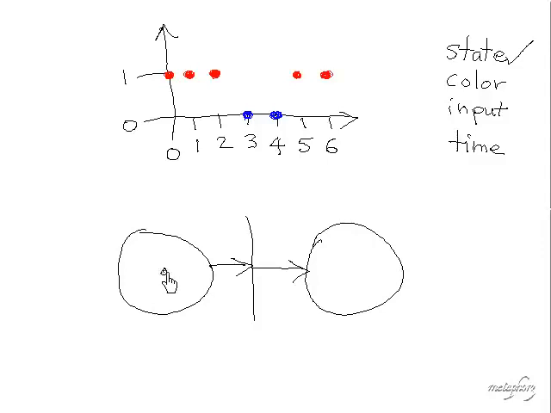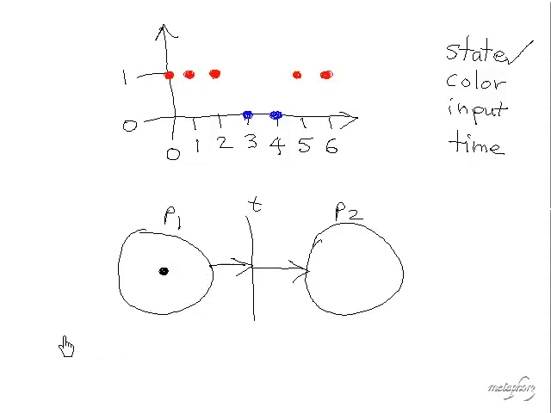So for example, let's say that I've got a Petri net at some particular time, and at that time the Petri net looks like this. I've got a token in this place and no token over here. Furthermore, let's just call this P1, P2, and since there's only one transition, I'll just call this T.